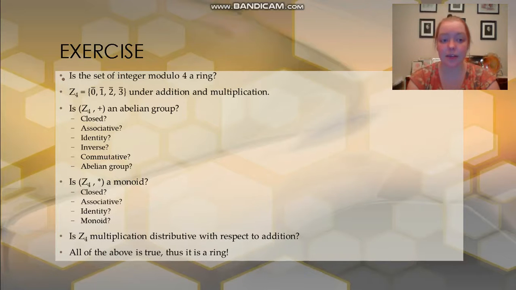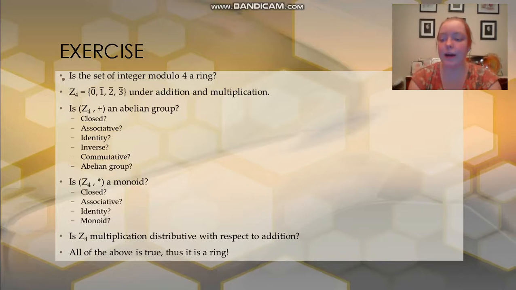Since this is a cyclical set, we just have to find the number of steps it takes to get back to 0 in order to find its inverse. So 1 to 2 is 1 step, 2 to 3 is another step, and 3 back to 0 is another step. That was 3 steps. So the inverse of 1 is 3. If you add 1 and 3 together, you get 0. And each of those numbers in the set has an inverse like that. So yes, it does have inverses.